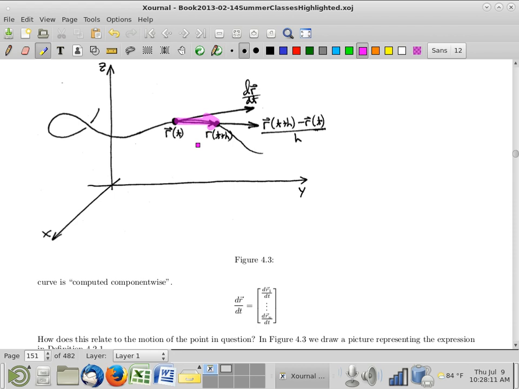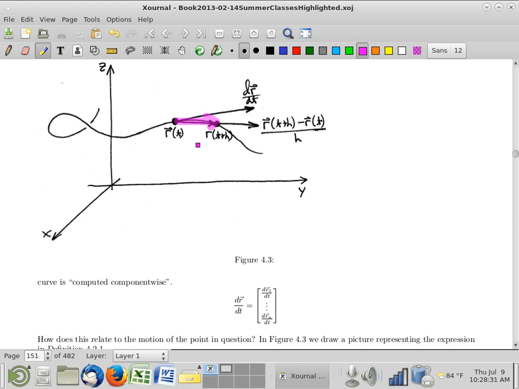Well, not exactly. The magnitude of the displacement vector is a sort of as-the-crow-flies distance. We actually went along this curve, which is not exactly a straight line, but in the limit, as h gets smaller and smaller, we're talking about a more and more nearly straight line distance across that displacement vector.